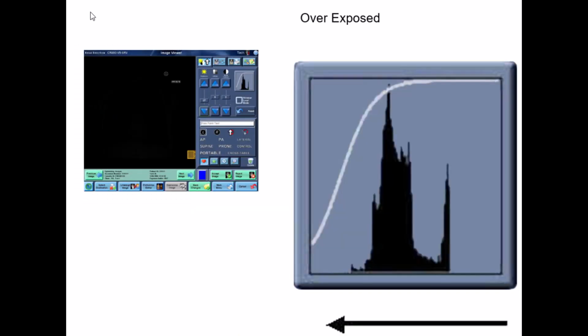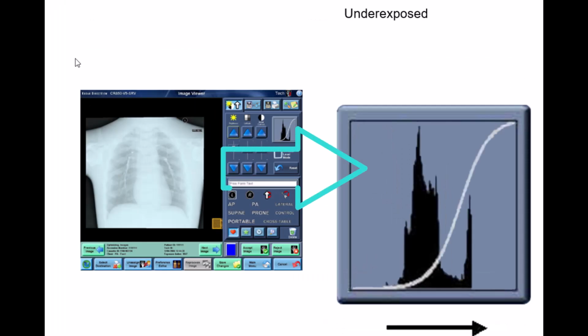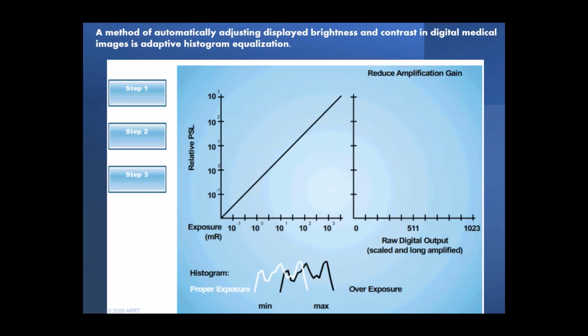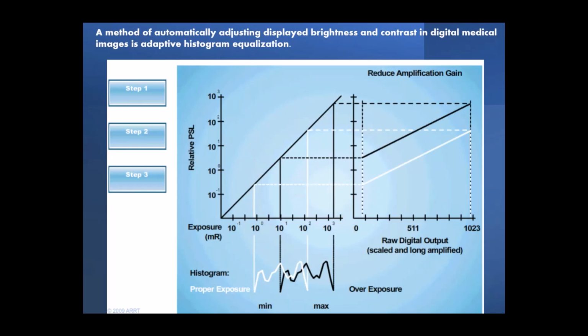Moving the straight line portion of the H&D curve to the left causes darkening. And if we move it to the right, we get a lightening effect like an underexposure. This represents data manipulation.